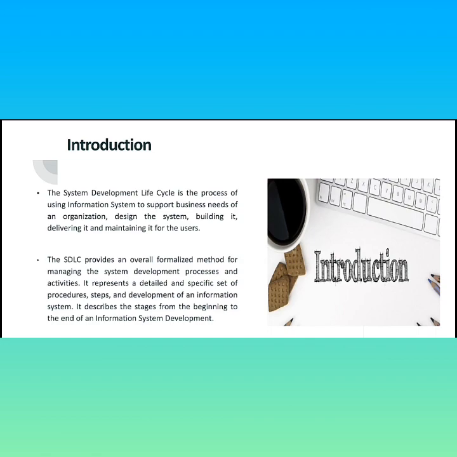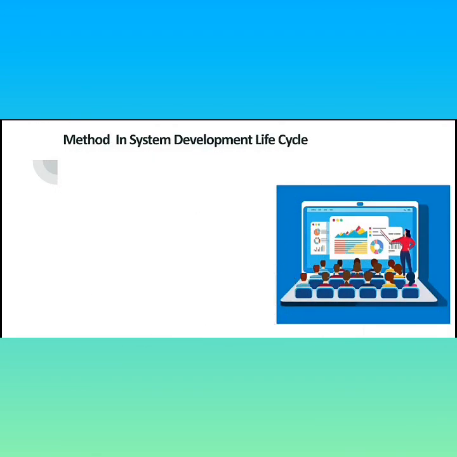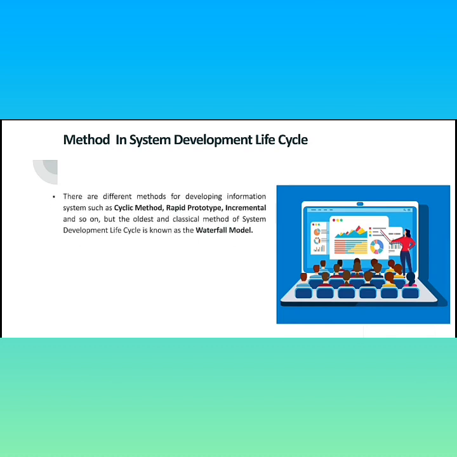Now let us look at the methods in system development life cycle. Actually, there are different methods for developing information systems, and we have the cyclic method, rapid prototype, incremental method, and so on.